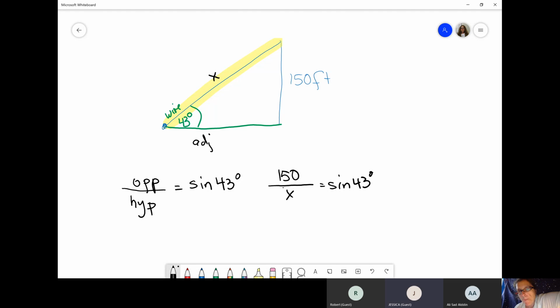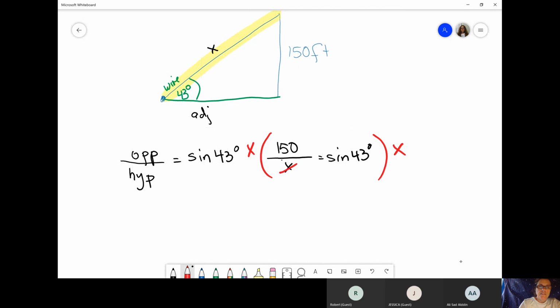First of all, we want to get rid of this x in the denominator, so we multiply both sides by x. That's 150 equals x times the sine of 43 degrees. Then, to get x by itself, you divide by the sine of 43 degrees.